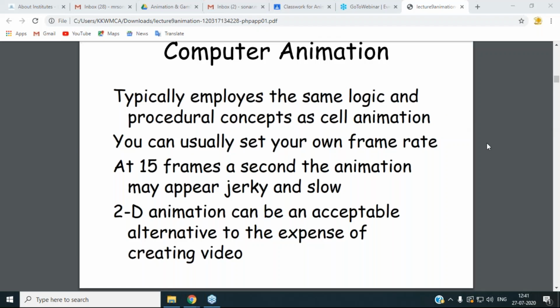So it is pretty much similar to our cell animation. You can usually set your own frame rate. At 15 frames per second, the animation may appear jerky and slow. Yes, a 2D animation can be an acceptable alternative to the expense of creating video. So let us see.